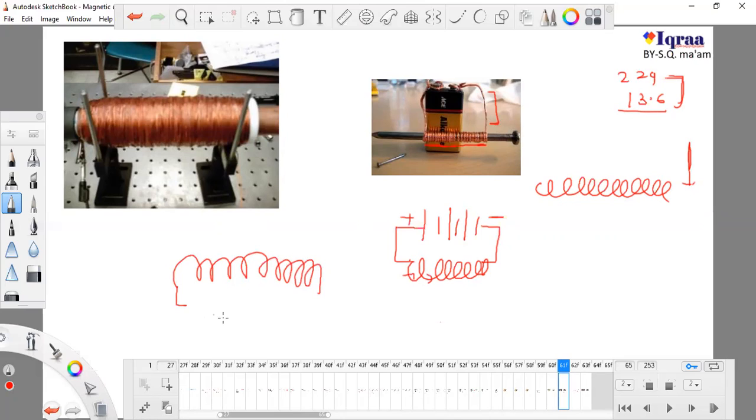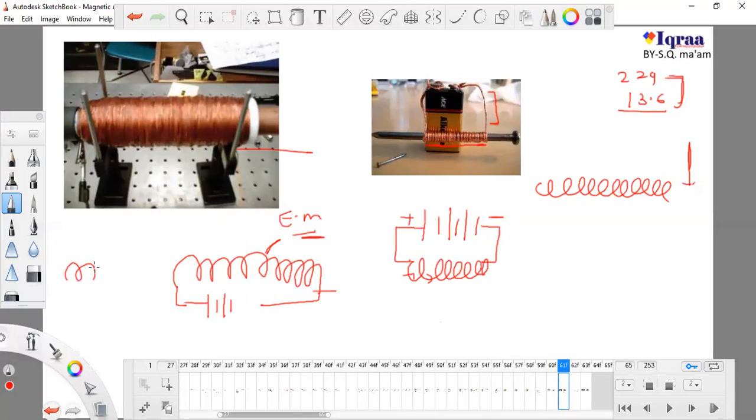Right now it is a conductor wire, and if we join it with this battery, now it is known as an electromagnet. So now we will study how we can make this looped body.